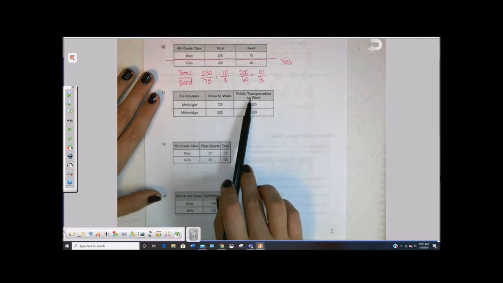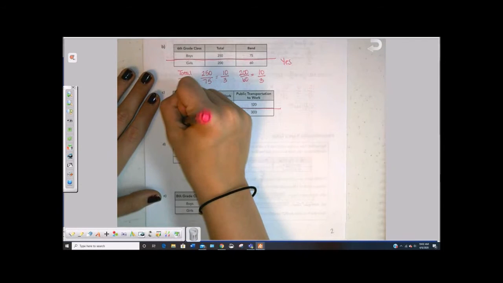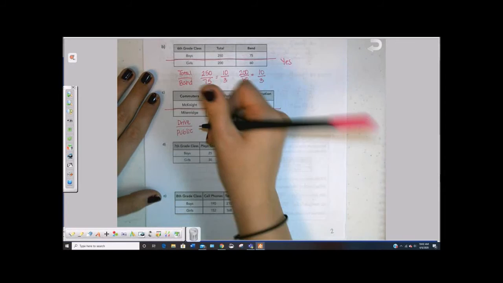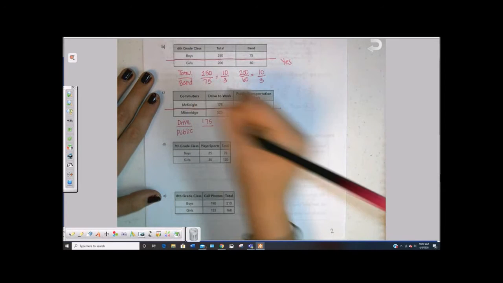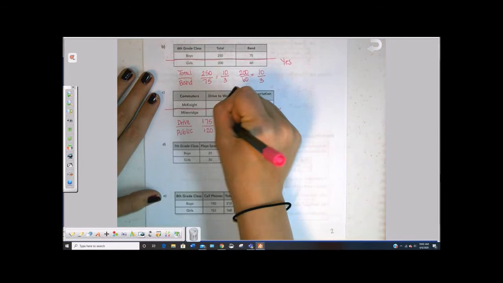Looking at C, same thing. You're going to compare driving to work to public transportation. I would draw that line so you know which two numbers you're going to set up your ratio with. So McKnight is 175 over 120, which simplifies to 35 over 24.